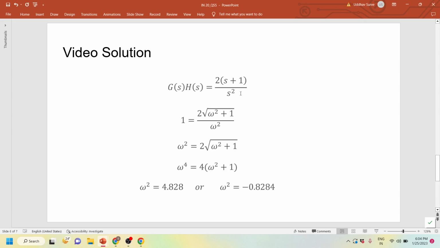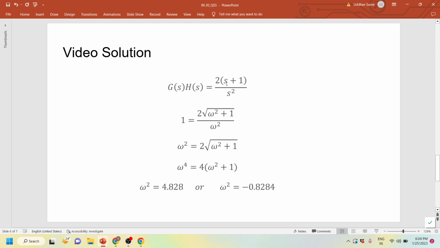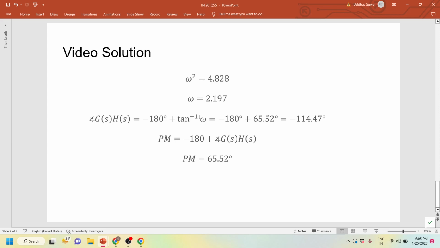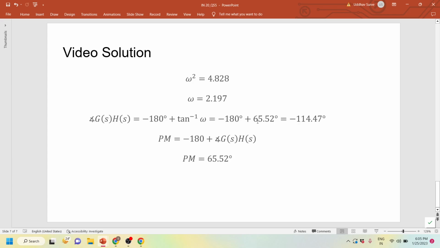Minus s² contributes 90 degrees twice on the negative side, so minus 180 plus tan inverse ω. Why tan inverse ω? Because s equals jω and the zero is at 1, so ω by 1 is ω only. When we substitute ω equal to 2.197, we get minus 180 plus 65.52, that is a phase of minus 114.47, approximately minus 115 degrees.